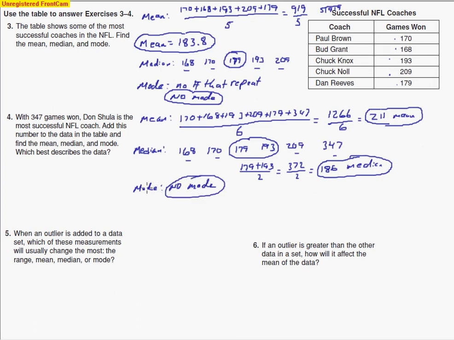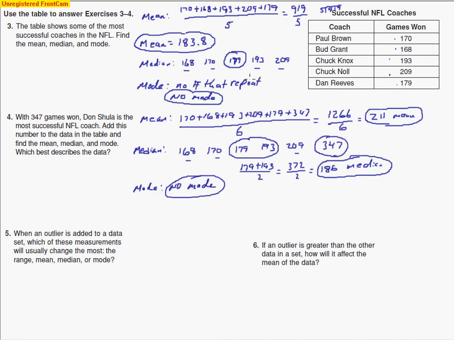Well, from this point, they ask us which best describes the data. Looking at the data, again, it's the same as what we looked at in questions 1 and 2 in part 1 of this lesson. We see that when we had this outlier, this bigger number added to the data set, look what it did.